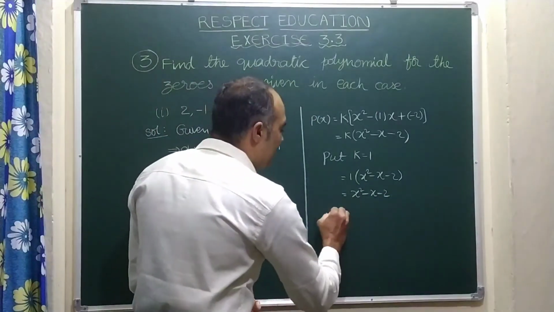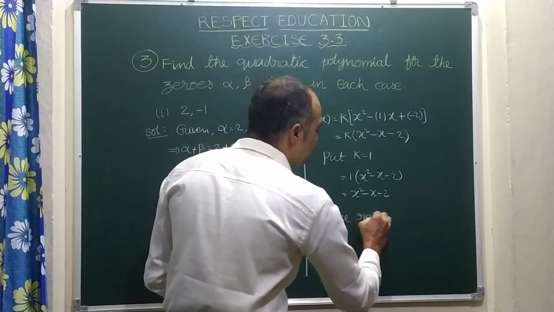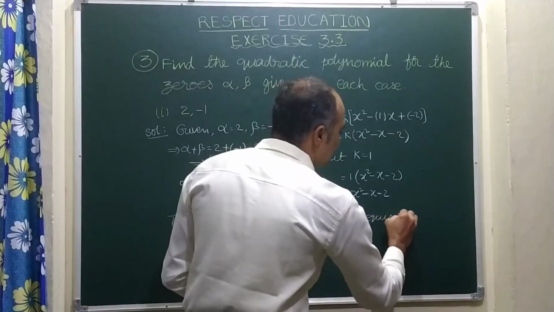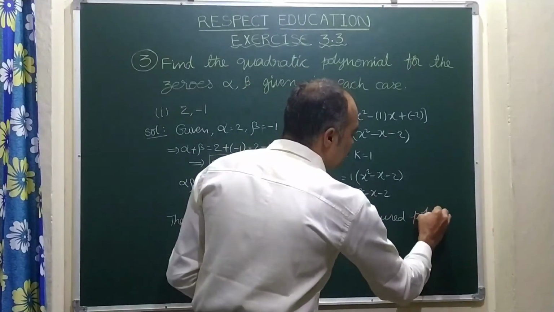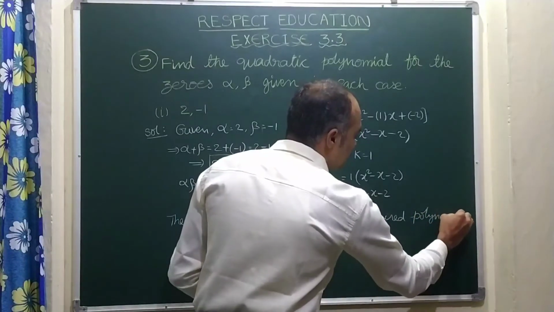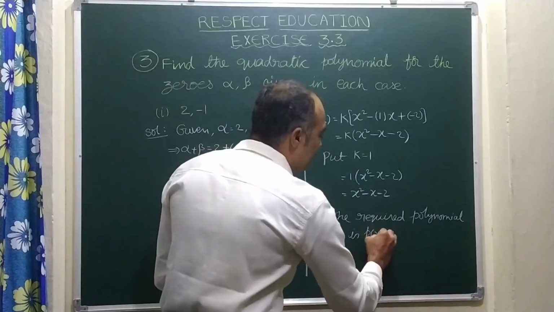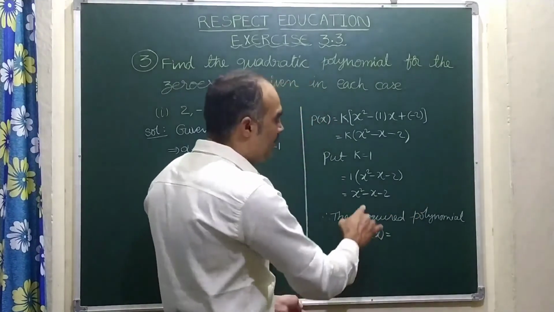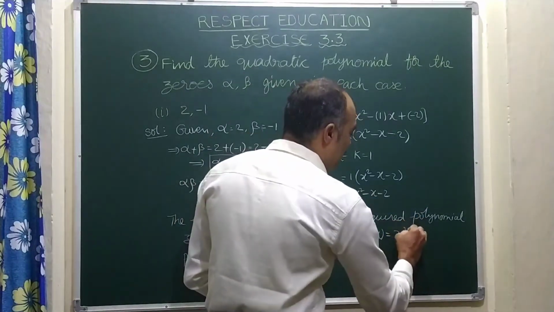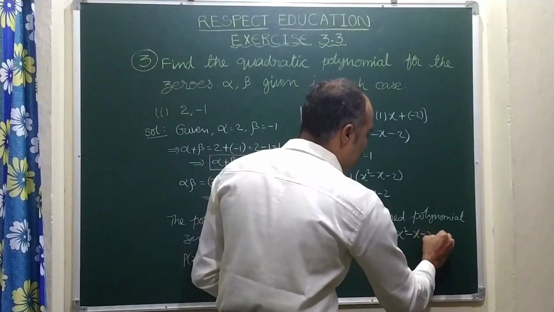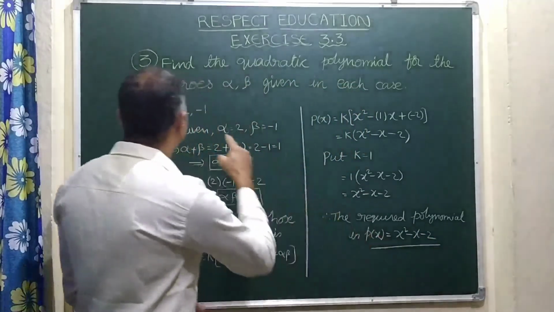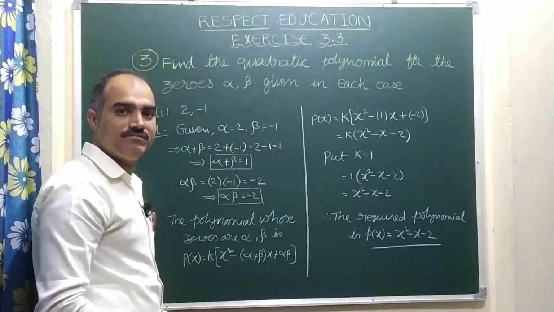Therefore, the required polynomial is P of x is equal to x square minus x minus 2. This is the answer for this first bit.